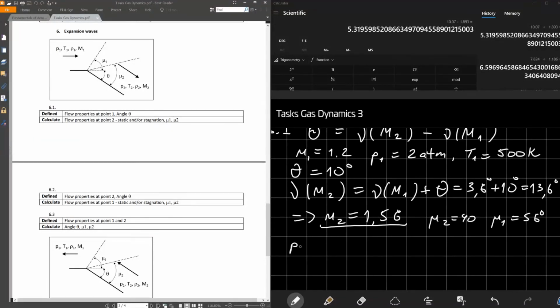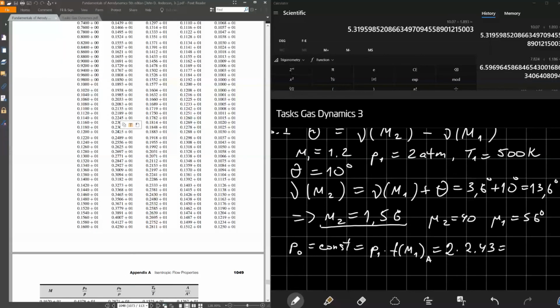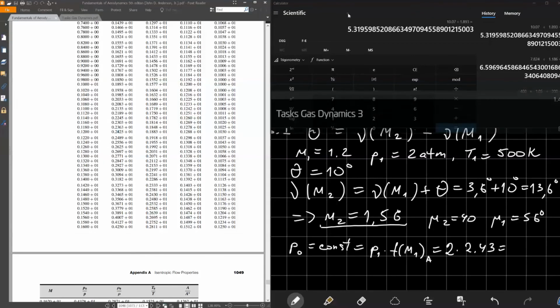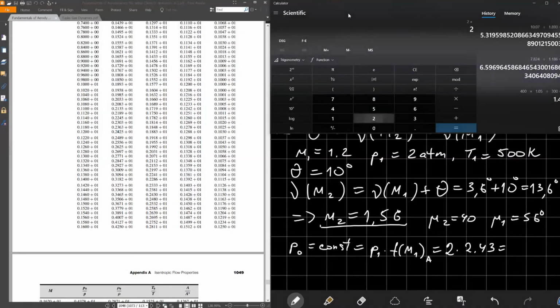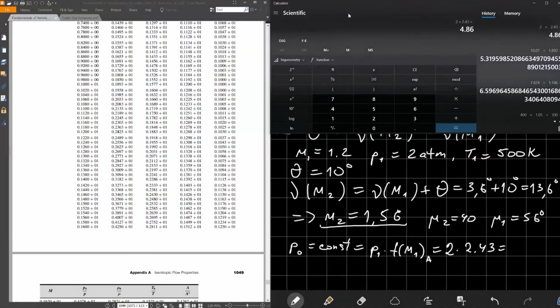So pressure 0 is constant for Prandtl-Meyer flow and is calculated as pressure 1 multiplied by the function of Mach number 1 from Appendix A, which is 2 multiplied by 243. Okay, this is our stagnation pressure. 2 multiplied by 243, 486 atm.